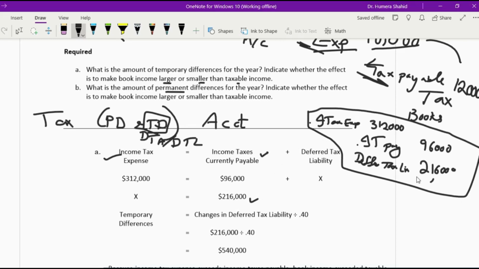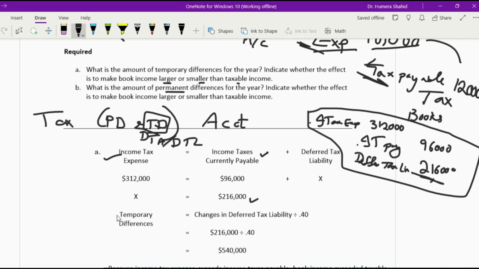Since I get the deferred tax liability, it will help me in calculating the temporary difference. Okay, so what does this mean? It means that whatever is the temporary difference between accounting books and tax books, if I multiply it with 40%, I will be getting the deferred tax liability.